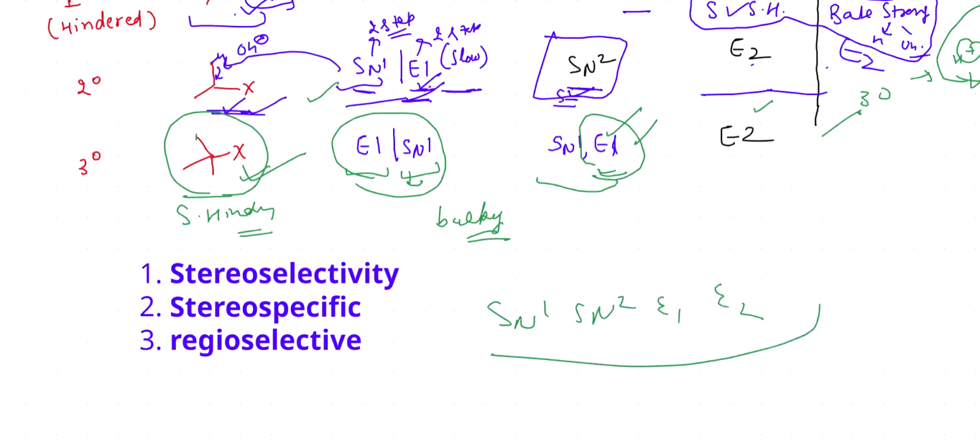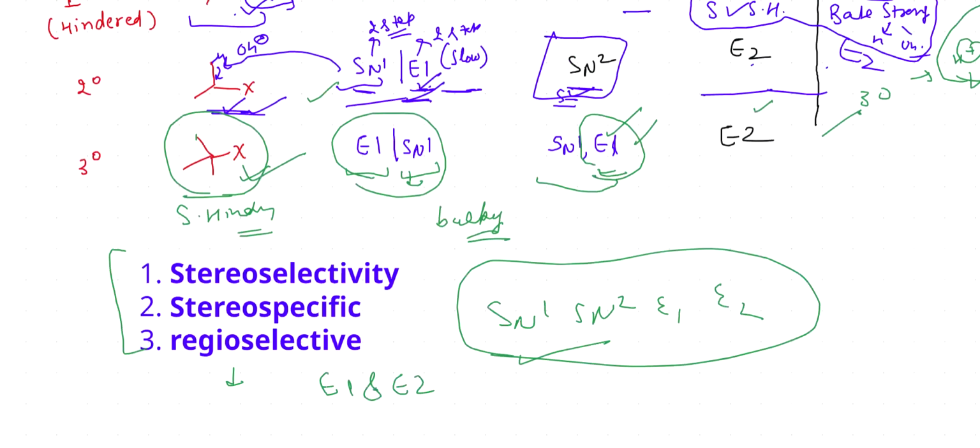Clear? So our next topic will be the stereochemistry of products formed in E1 and E2 mechanisms, because in both E1 and E2 the final product is an alkene. The alkene may be cis and trans. Or it may be regioselective, the alkene may be formed in a particular region, between carbon 1 and 2, as well as between carbon number 2 and 3.